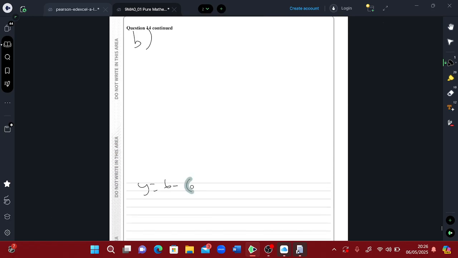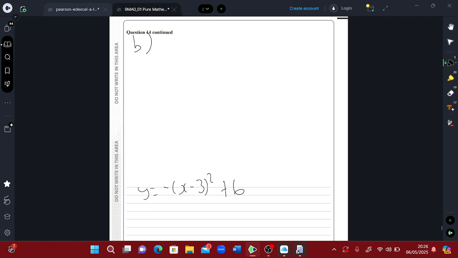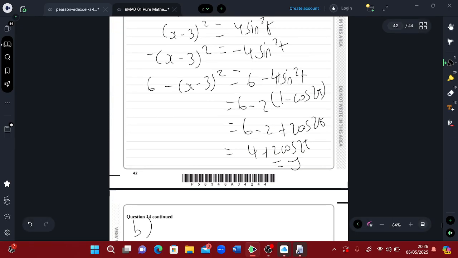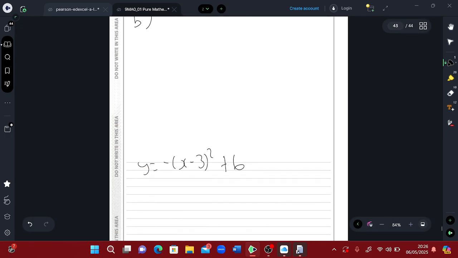But what I prefer to do with a complete square is always put the bracket first. It doesn't really matter, but it makes it clearer in my mind. Minus x minus 3 squared plus 6. So the turning point, because it's in complete square form already, is going to be 3 and 6.